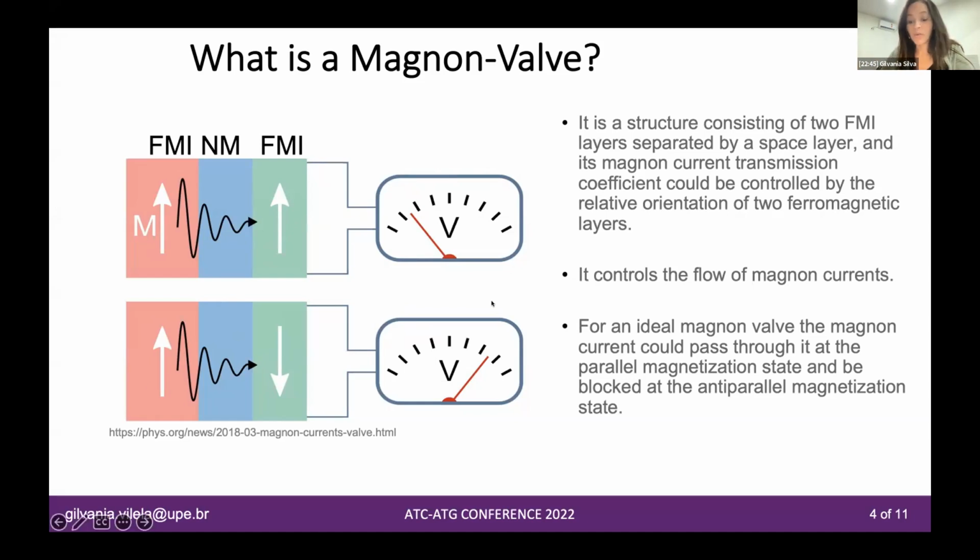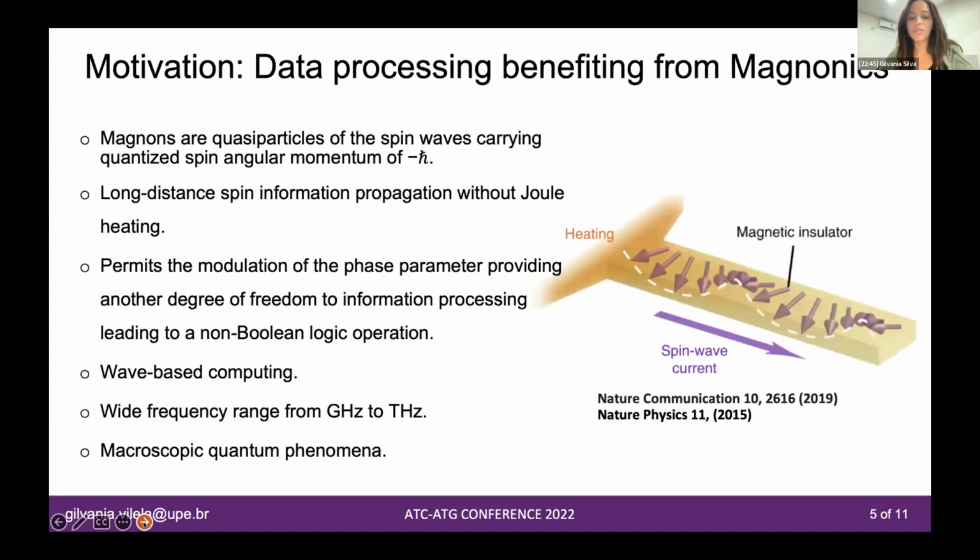And so why is it important to work with magnons? As I said, magnons are a collective excitation of spins, and you don't have charge current associated with this spin wave, and then you can avoid the undesirable Joule heating effect. The other thing is that the magnon frequencies range from giga to terahertz. So if we are able to control this system and fabricate computing devices based on magnons, we would be able to have faster computers.